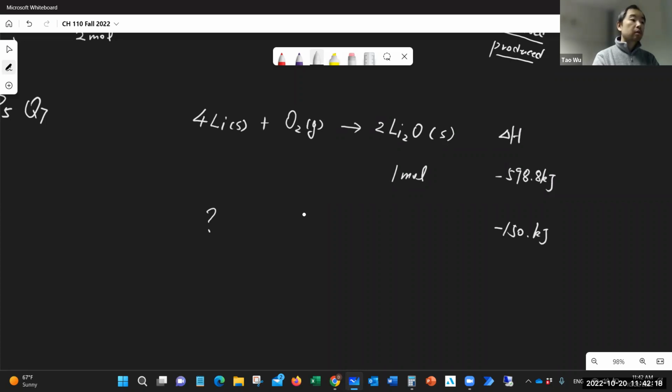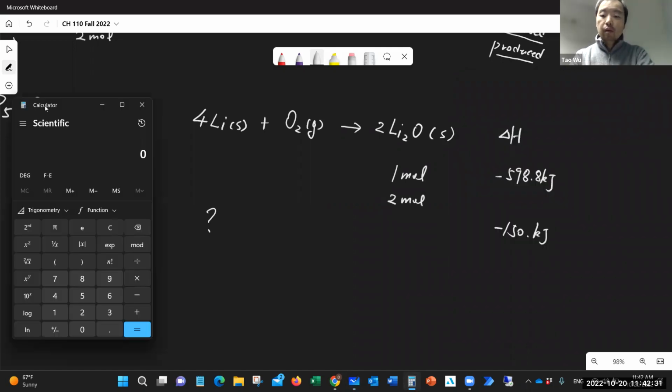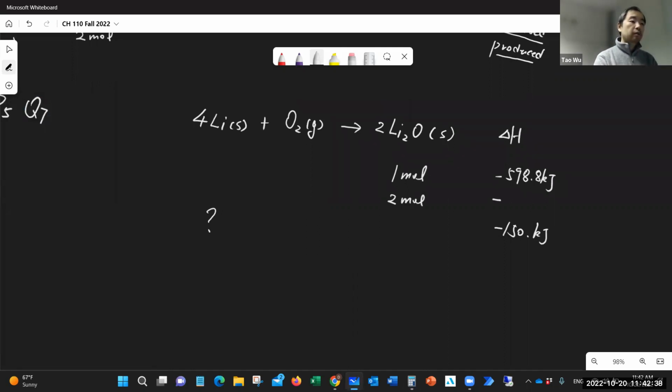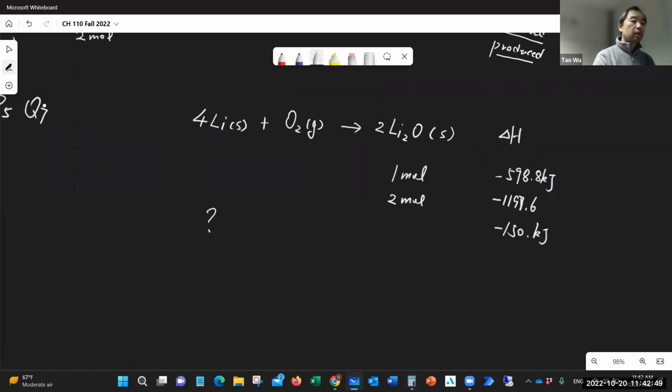So if we have 2 moles of the lithium oxide, then we're going to produce 598.8 times 2, so negative 1197.6 kilojoules. All right, so now that's going to be easier because it's matched to the ratio.